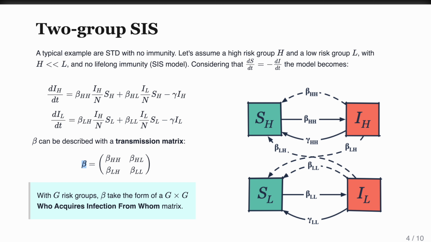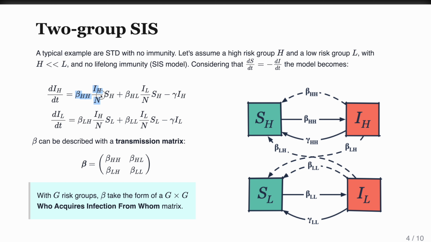So the beta of the high-risk infectious people infecting the high-risk susceptible people, the beta of the high-risk infectious people infecting the susceptibles in the low risk group, the infectious people in the low risk group infecting the susceptibles in the high risk group, and finally the infectious people in the low risk group infecting the susceptible people in the low risk group.